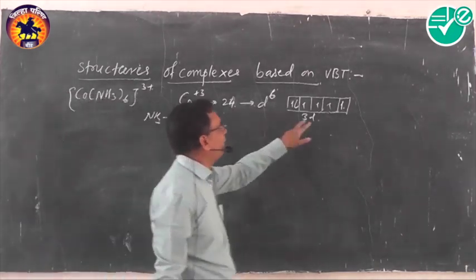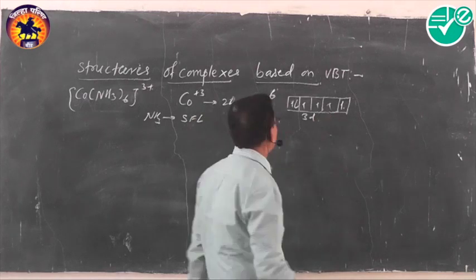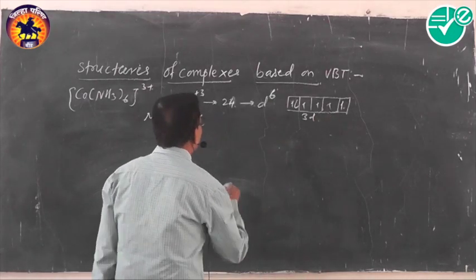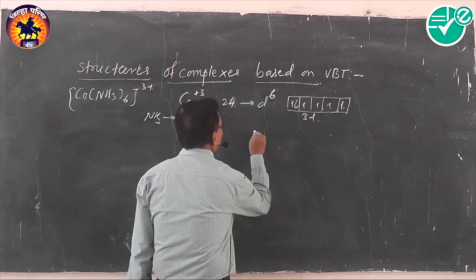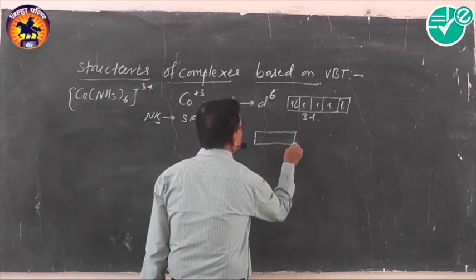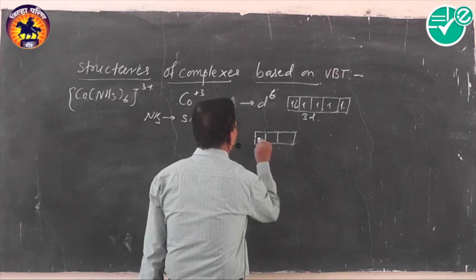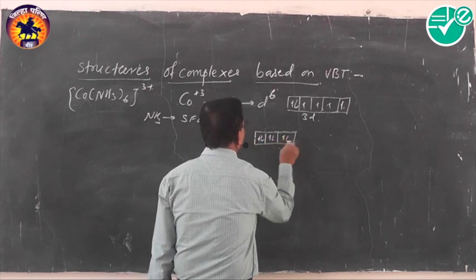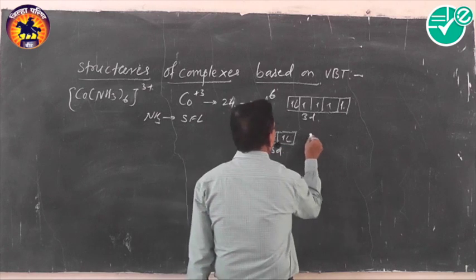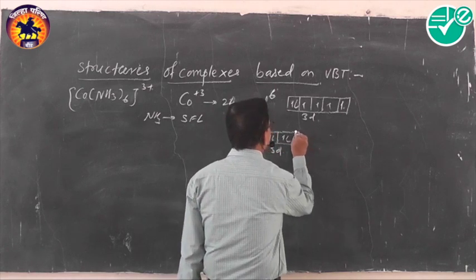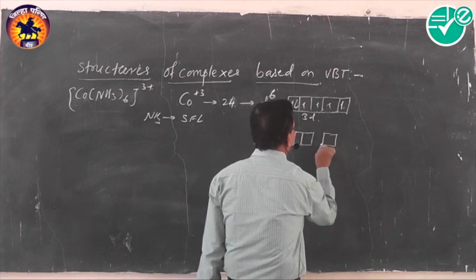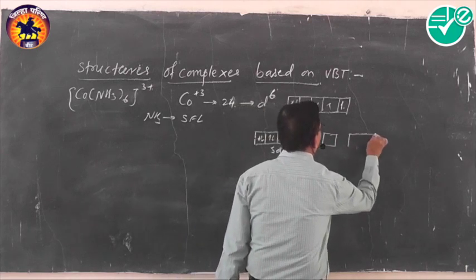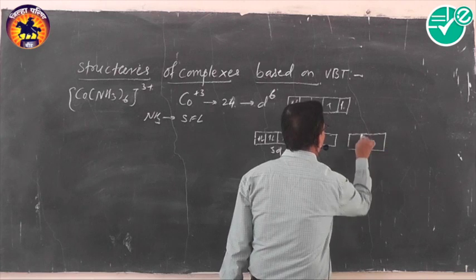It makes available these 2 orbitals for hybridization, and hence the electronic configuration may be written as these 3d orbitals, which causes pairing of electrons. This is 3d. These 2 vacant d orbitals, 4s and 4p.